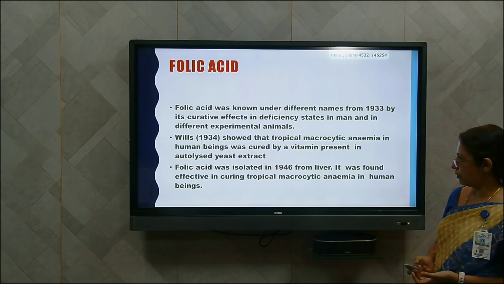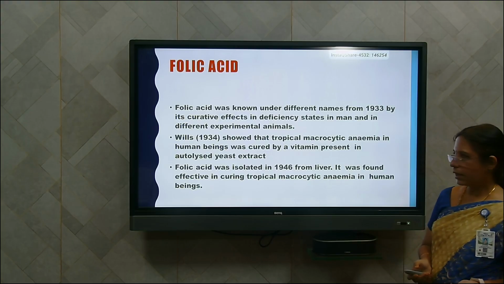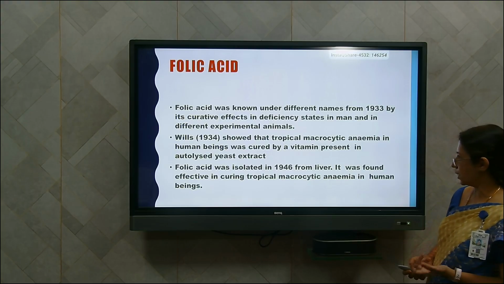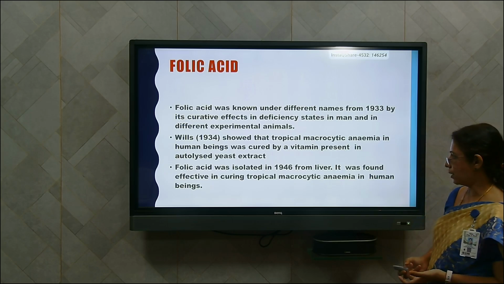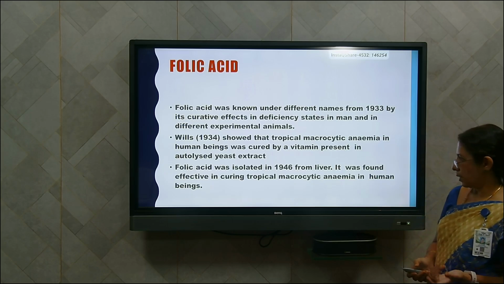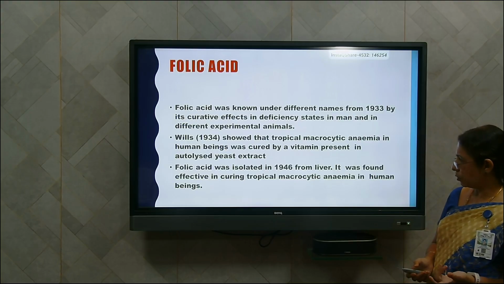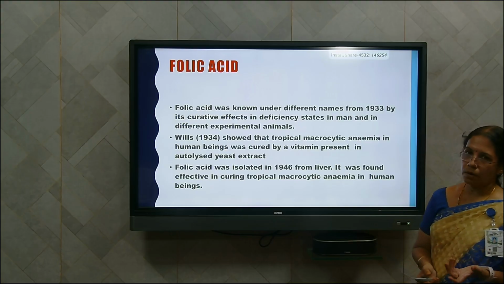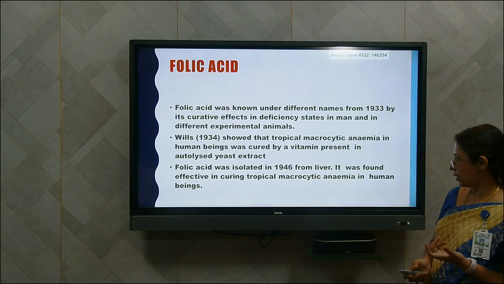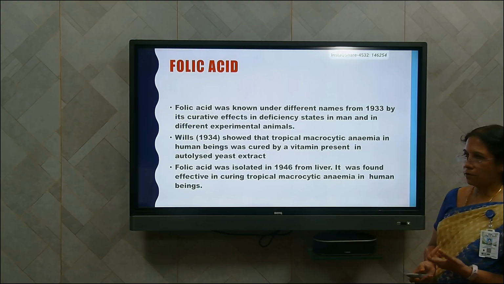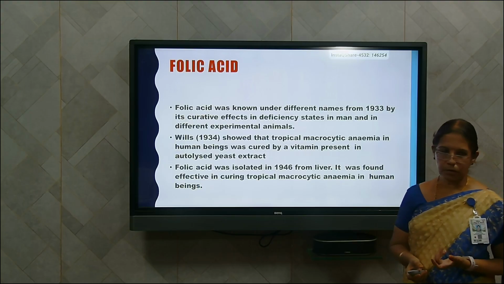In 1934, Wills showed that folic acid can cure macrocytic anemia, and that's why it was named as Wills factor, and it was found to be isolated from the autolyzed yeast extract. Folate was actually isolated in 1946 from liver, and it was effective in curing macrocytic anemia.